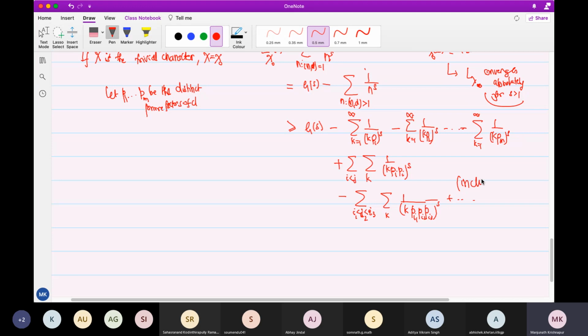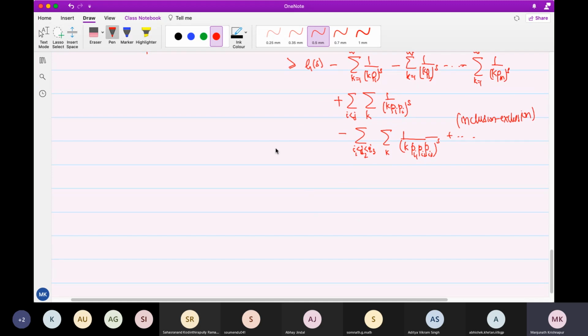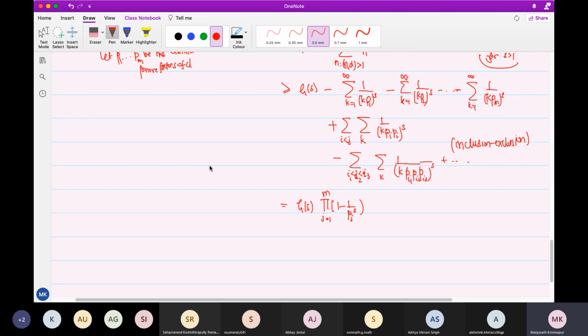So this is the inclusion-exclusion. I will cut short, like Abhishek said. If you do this, what you get is zeta of s times the product of 1 minus 1 over p_j to the power s, j equals 1 up to m. All the primes that are divisors of d, you will get their product.